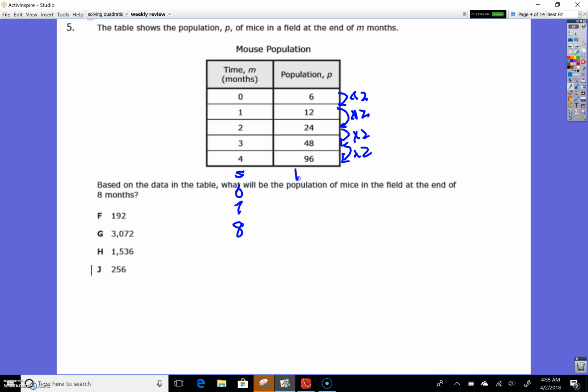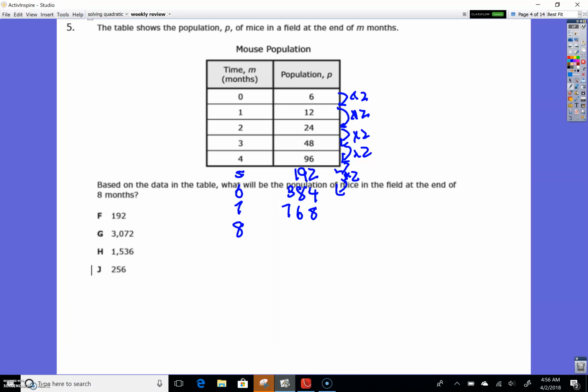96, 192, times 2 again. Okay, times 2 again, I get 384. Times 2 again, I get 768.